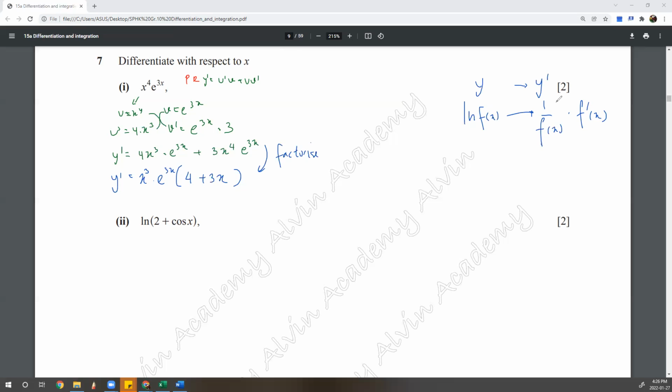So 1 over 2 plus cos x, multiplied by the derivative of the inside. The 2 becomes 0, plus negative sine x, so 0 plus minus, so minus sine x itself. And then you put it on top to make it simpler.